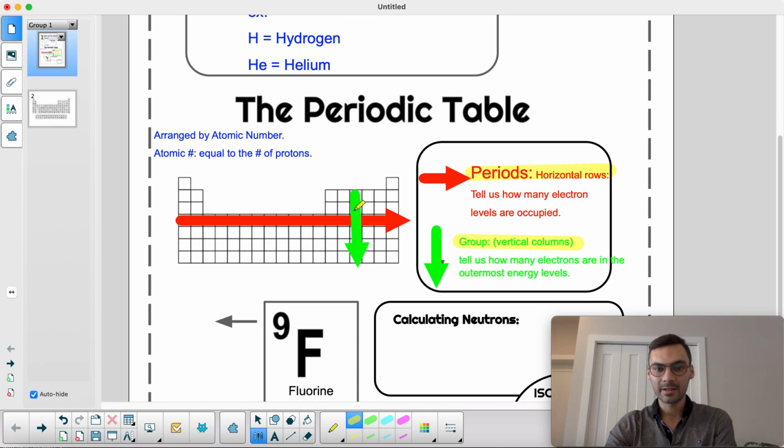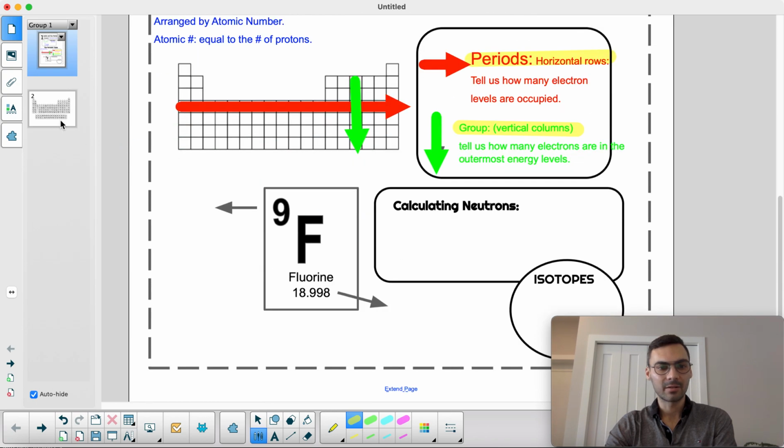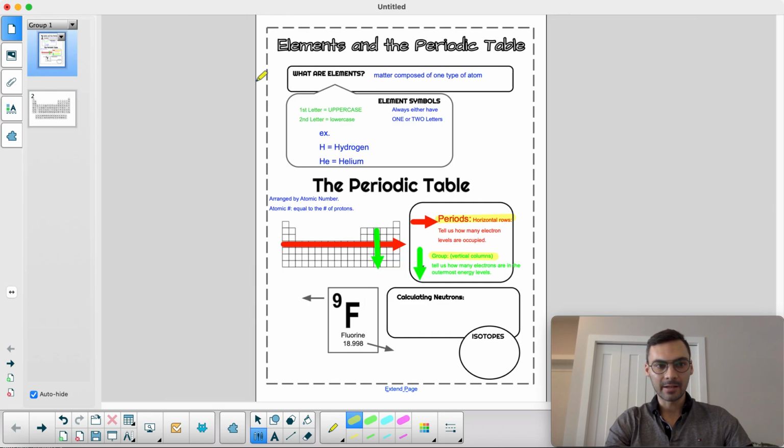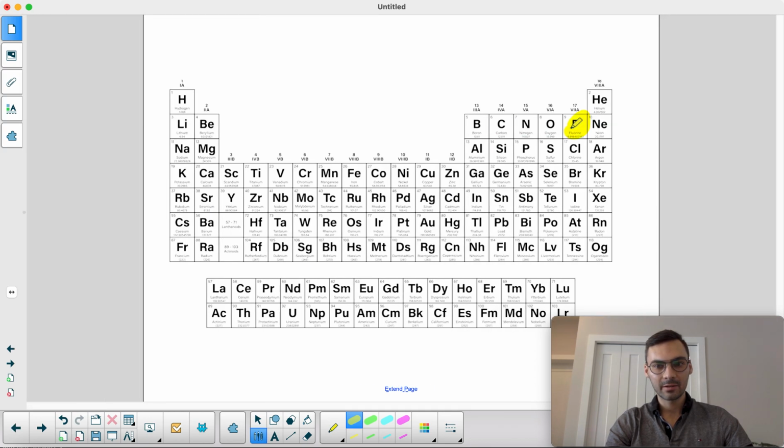And if we read downwards, those are called groups. Now we can take a look at what one of those tiny symbols looks like. Now, the one that we're looking at, fluorine, is found right over here on our table.